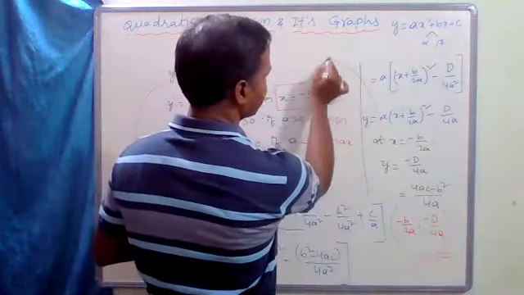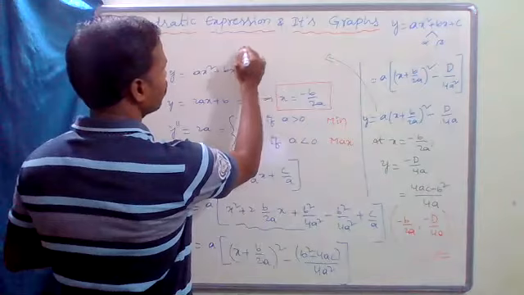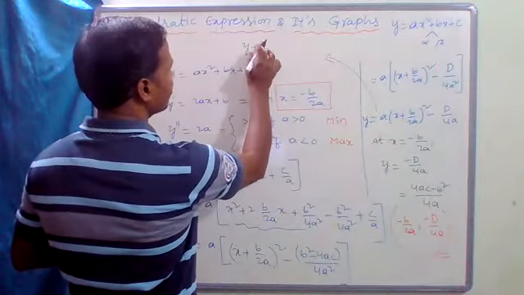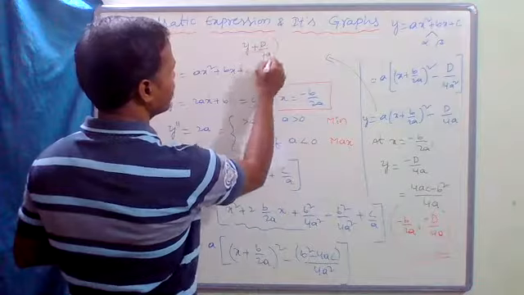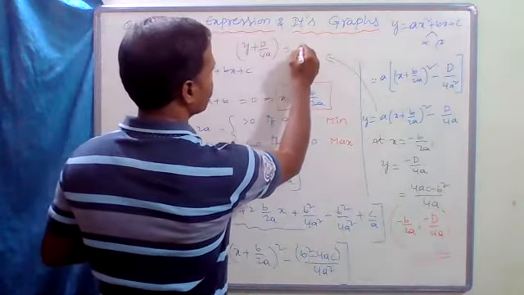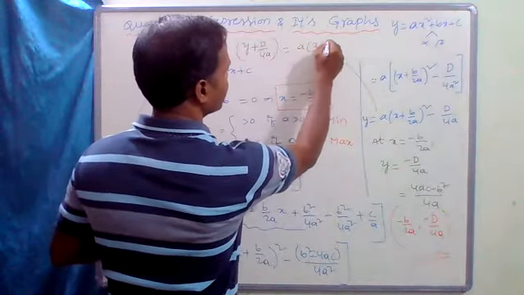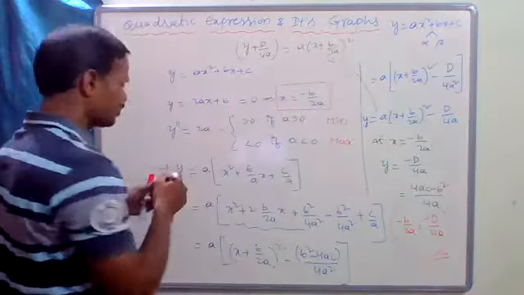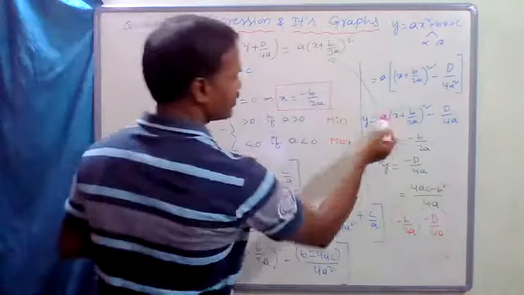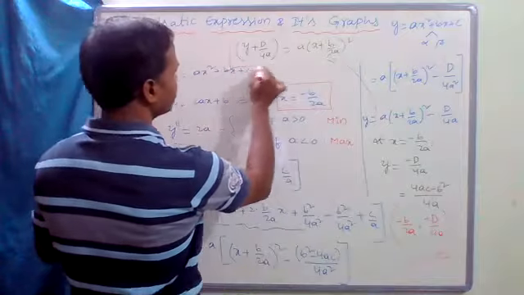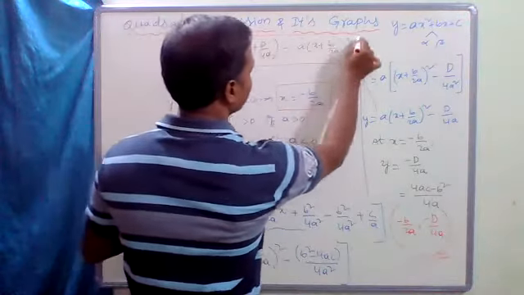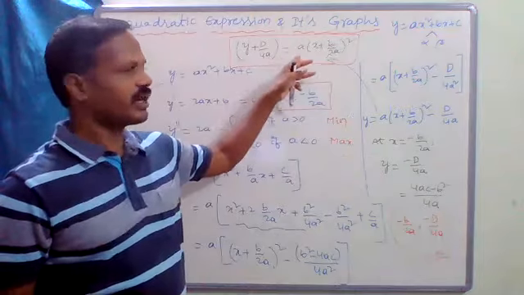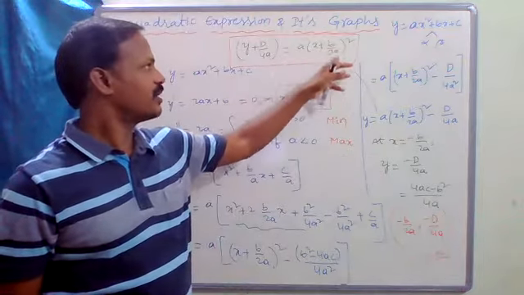Now see this expression. It can be written as y plus d by 4a equal to a into x plus b by 2a whole square.